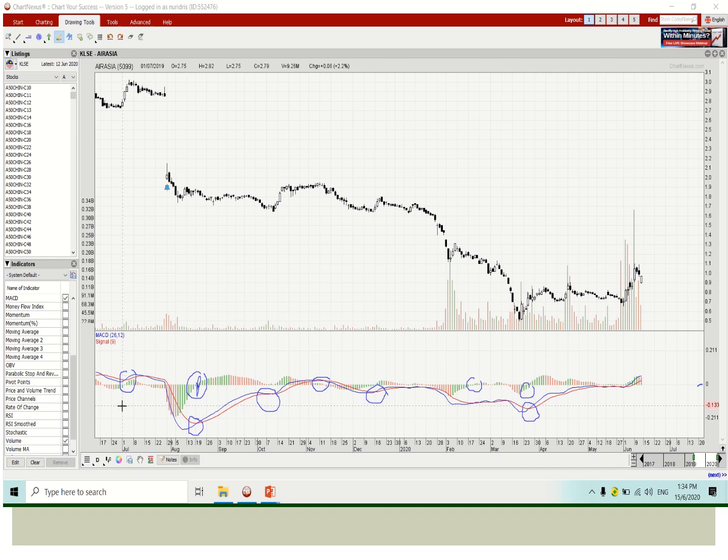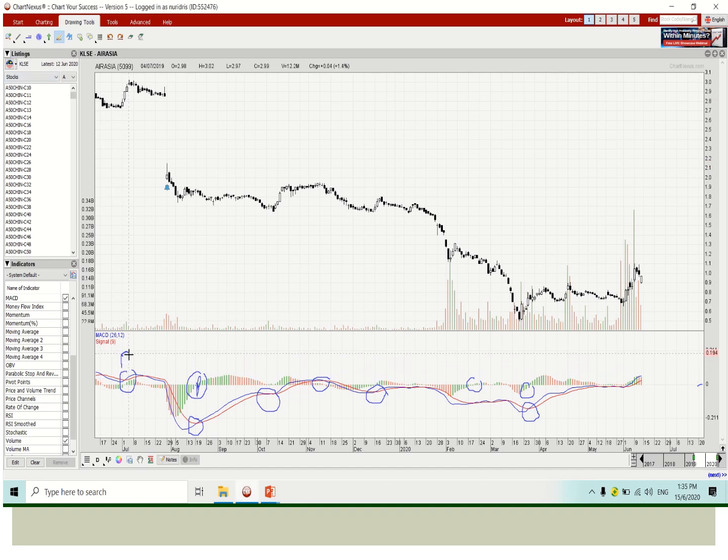From this chart, how can you read it? When the MACD, which is the blue line, crosses the signal line from below, that means the MACD becomes the top. So it indicates that this is the right time to enter the market.